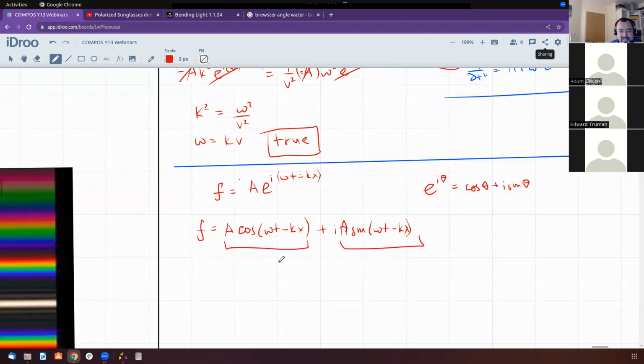So these are two different solutions, and this is a linear combination of two solutions. Because it's a linear differential equation, a linear combination of solutions is a solution, which is a beautiful thing. Much deeper than I can go today, or probably in the COMPOS program, but yes.